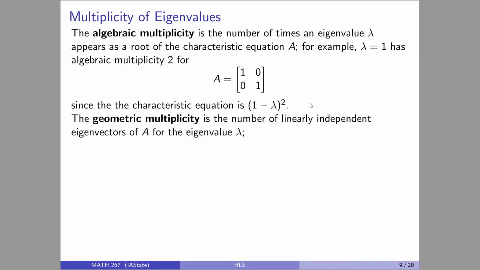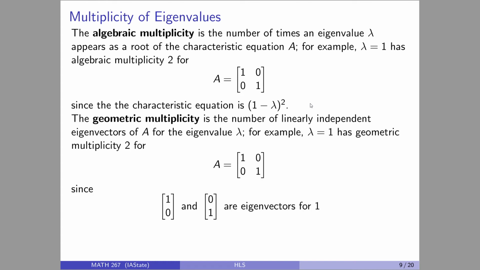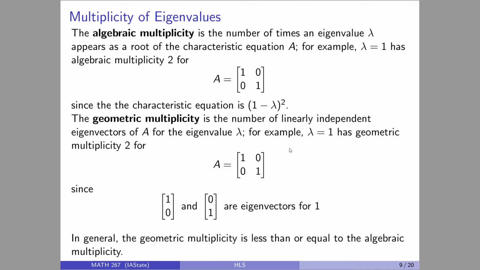The geometric multiplicity is the number of linearly independent vectors that can be formed. So this one that we just saw has a geometric multiplicity of 2, because even though I only technically had 1 value, I could create 2 linearly independent vectors. Okay, so what is known to be true is the following.